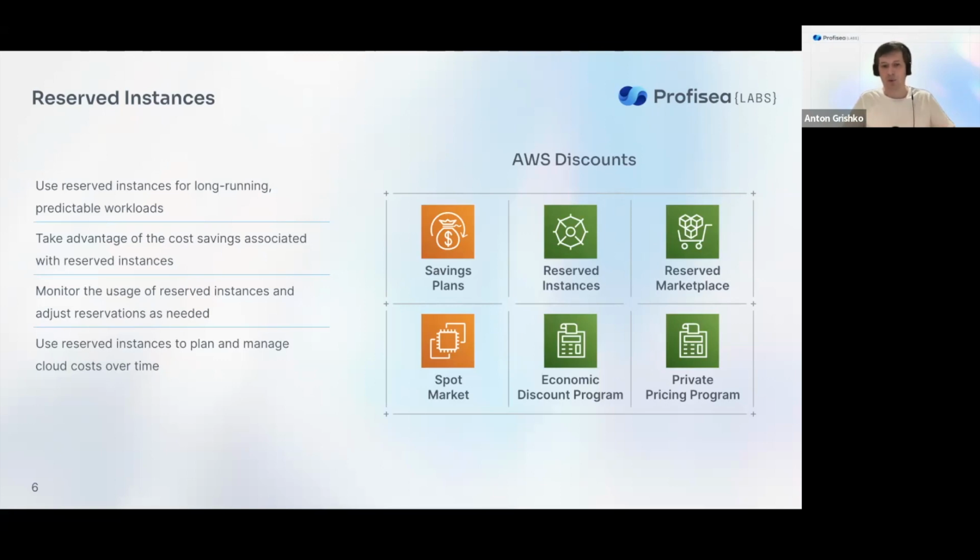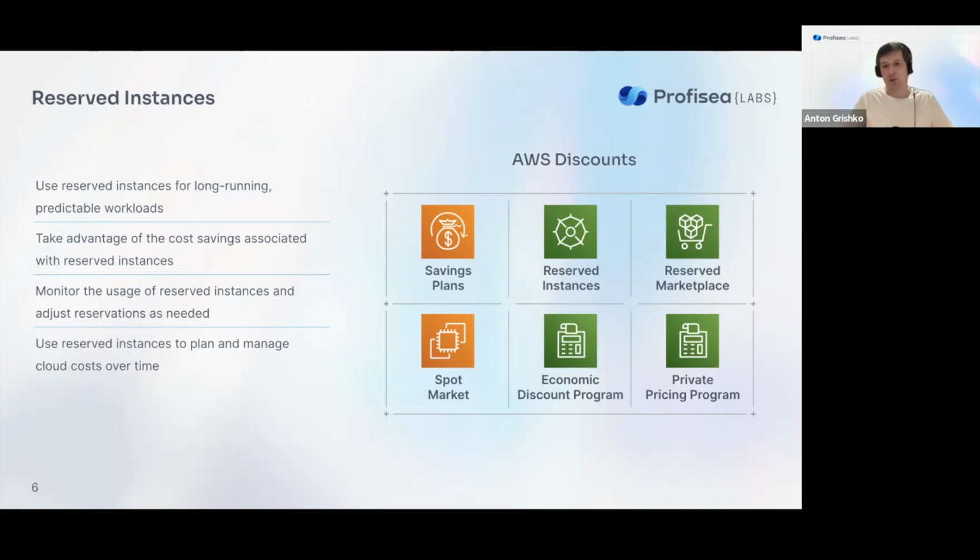So it's very important not only to buy reservations, but also to track how much you're utilizing out of what you reserved. So you need to look for that. And of course, if you bought savings plans, you have some flexibility, but even with reserved instances, you also have some flexibility. You can resell it, you can buy a new one. So you can play with that.